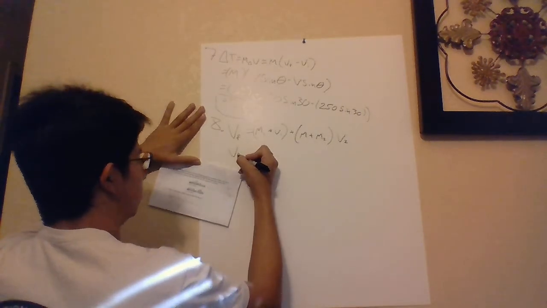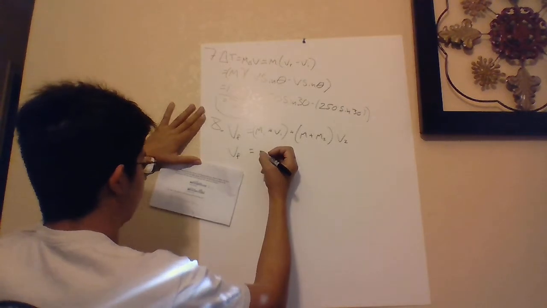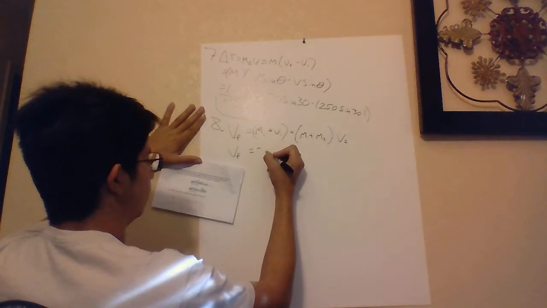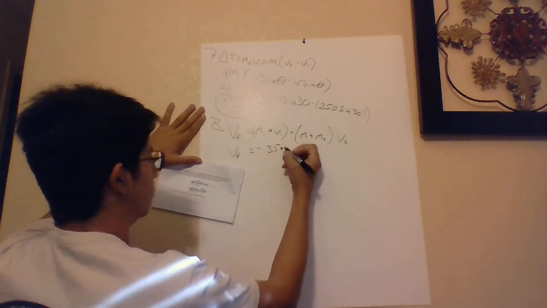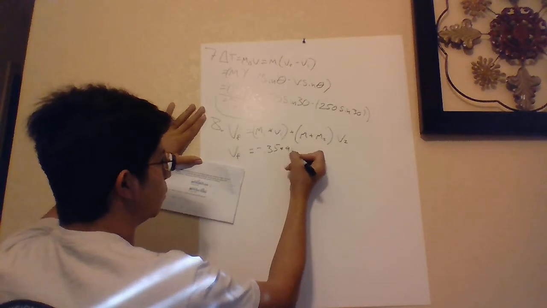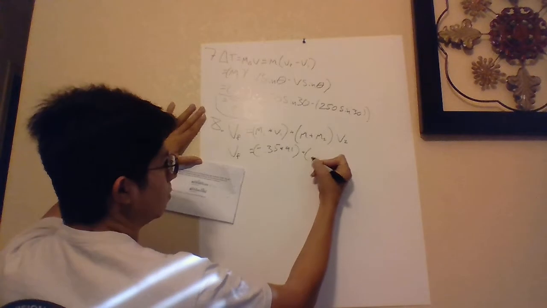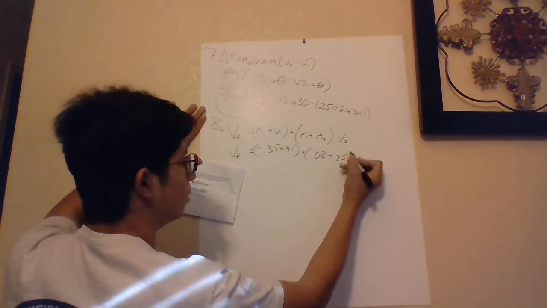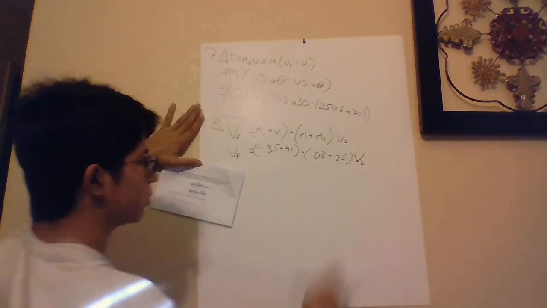So simply plugging those in, I was able to get negative 0.35, 0.91, over 0.08 plus 0.25. And this is what we're solving for, by the way.